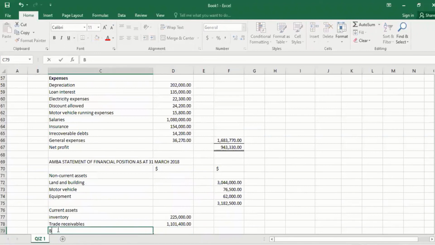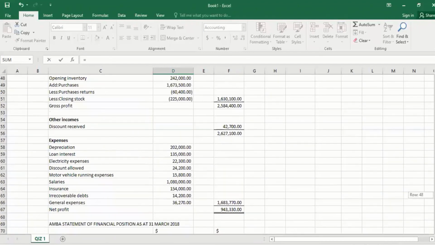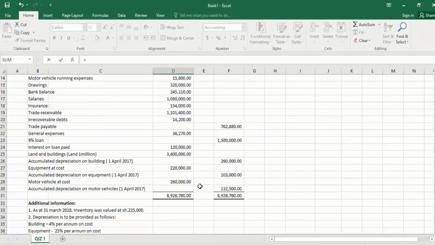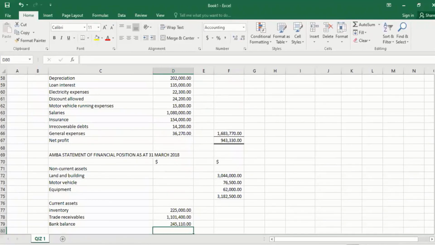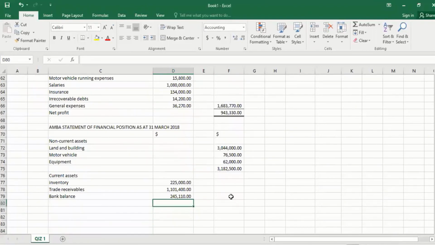We have bank balance, and the value for bank balance is given in the trial balance. That is the value. Then sum total of all this and get it there.